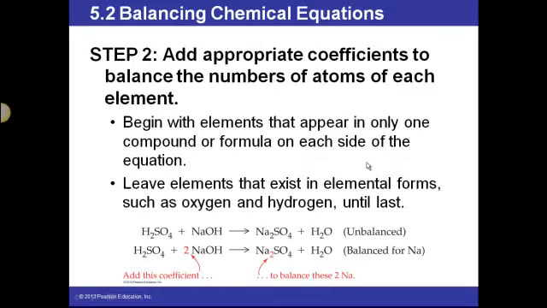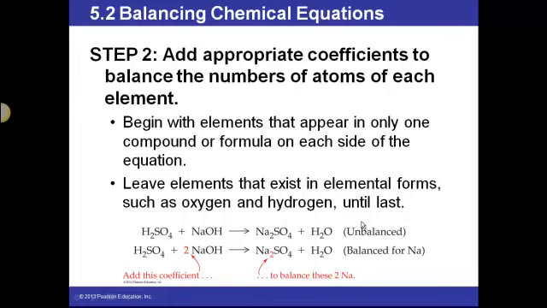So step 2 involves adding appropriate coefficients to balance the number of atoms of each element on each side of the equation. Typically, to do this, you want to begin with the elements that appear in only one compound or formula on each side of the equation, and leave the elements that exist in elemental form, like oxygen and hydrogen, until the last thing that you do.